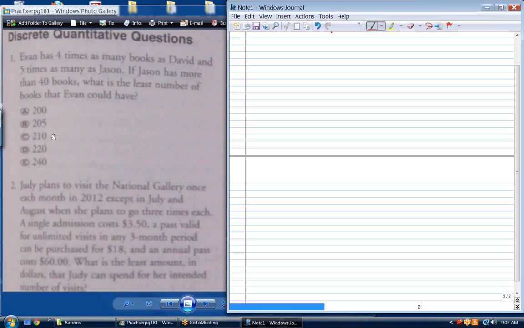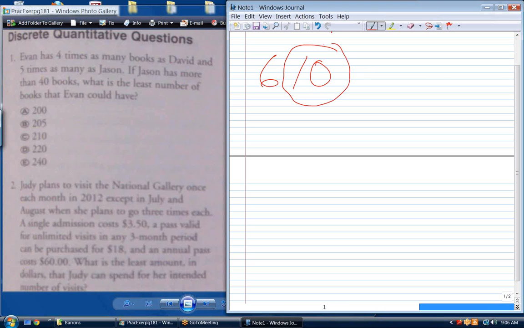Well, I know 210 is not divisible by 4 because for a number to be divisible by 4, its last 2 digits have to be divisible by 4. In other words, 610 I know is not divisible by 4 because 10 is not. 616, I know that's divisible by 4 because 16 is.